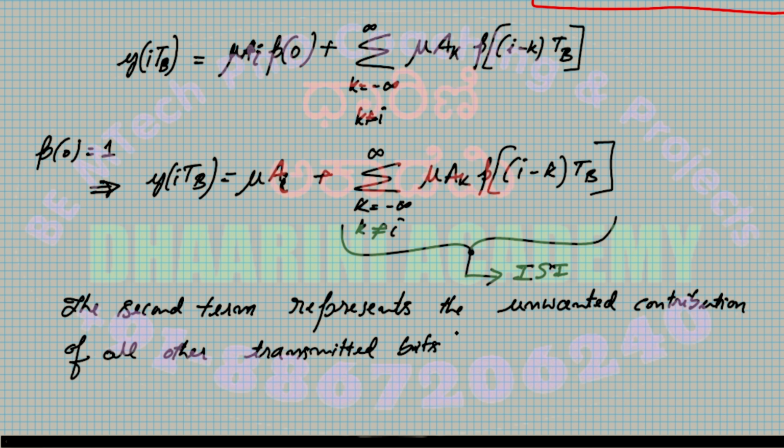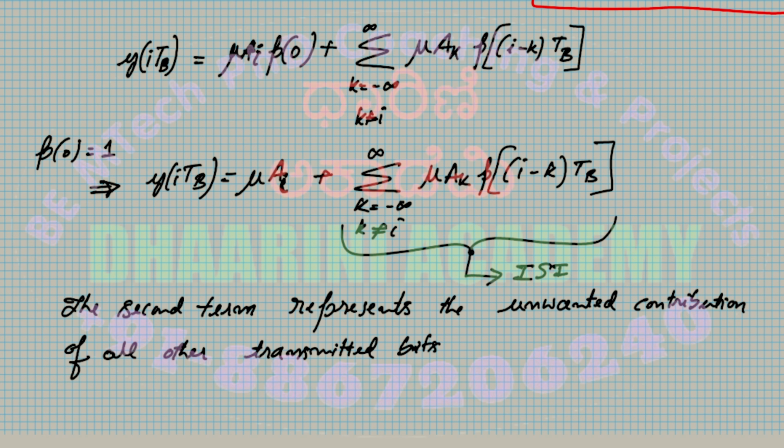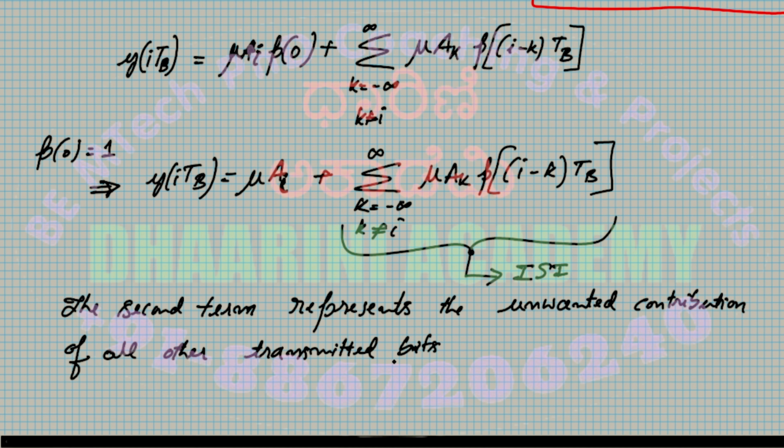All the transmitted bits, why do you call it all, because k is minus infinity to infinity. Every other symbol will contribute to the current symbol. Transmitted bits on the decision of the ith bit.